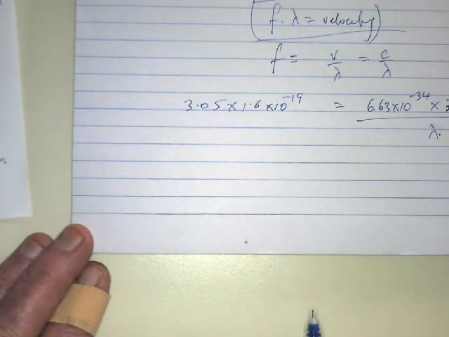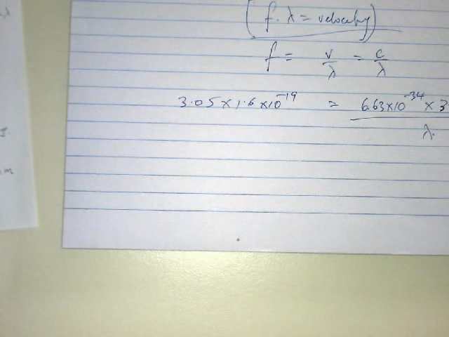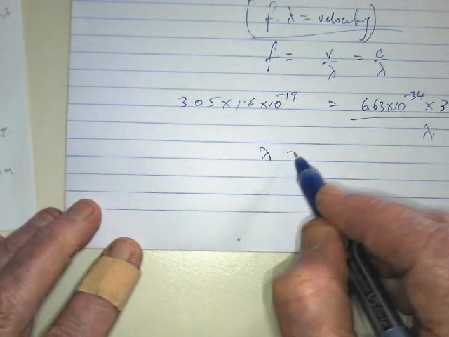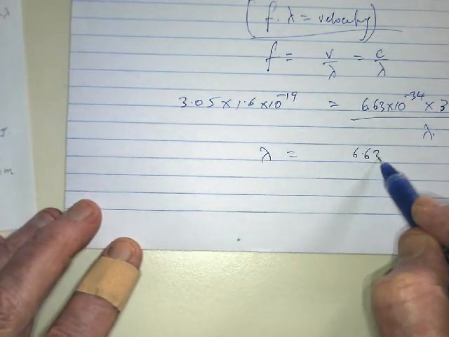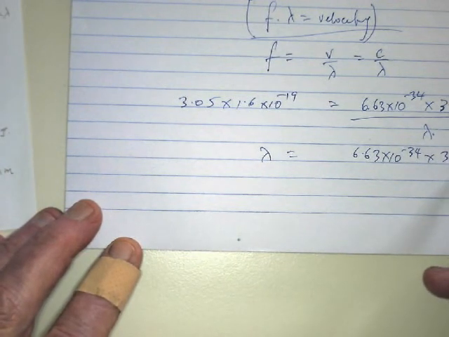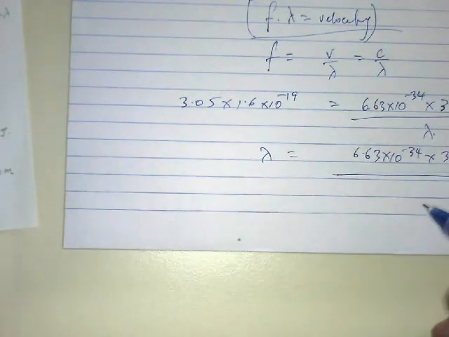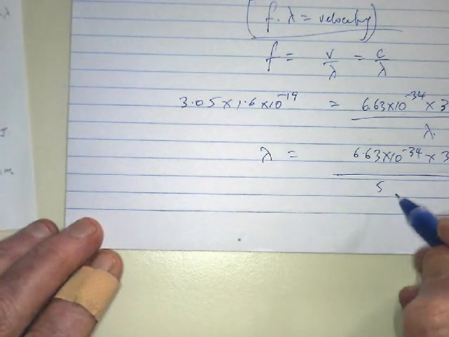So the only bit you don't know is lambda. Lambda equals 6.63 by 10 to the minus 34 times 3 by 10 to the 8 divided by 1.6 times 3, which is 4.8, so I'm going to say that's about 5 by 10 to the minus 19.